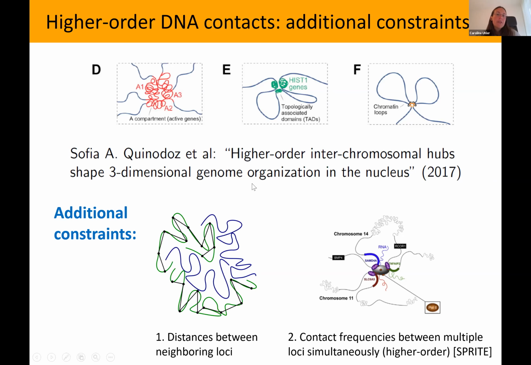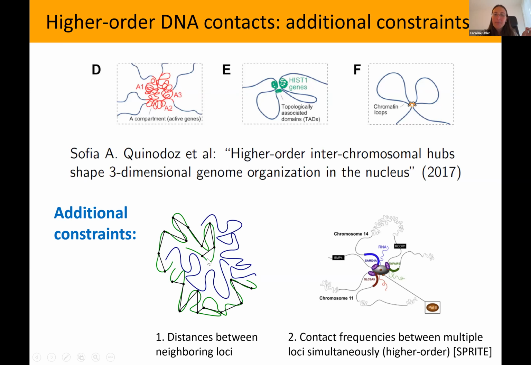So here are the additional constraints that we will be using. And here we're making use of biological measurements that are just becoming available, very recently. So here is one paper, and there are more and more of these measurements becoming available. So first of all, you know the DNA, right? I know the order of all of my genes. And you can estimate how densely DNA is packed inside the cell nucleus.